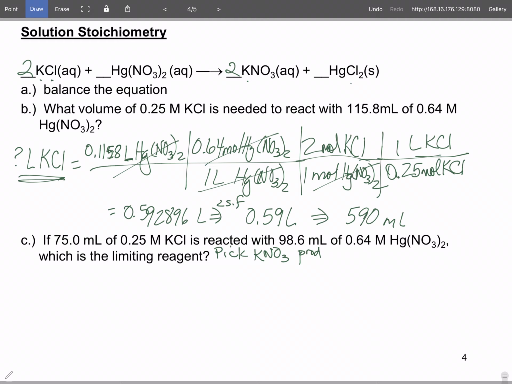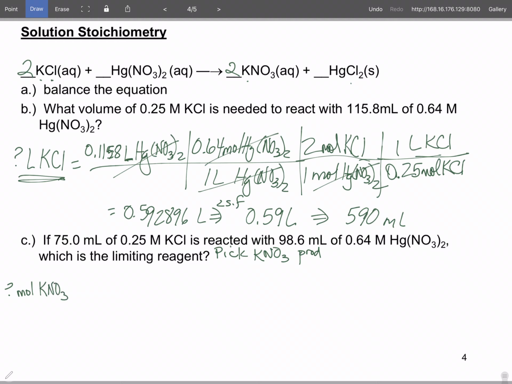Okay, so what I'm going to do is I just need to go through the equation. I am not asking for amounts here. Really, the only thing I want to know is who's the limiting reagent. Well, if I only want the limiting reagent, I have to go through the equation. The easiest thing to do is look for moles, because that gets me through the equation to KNO3.